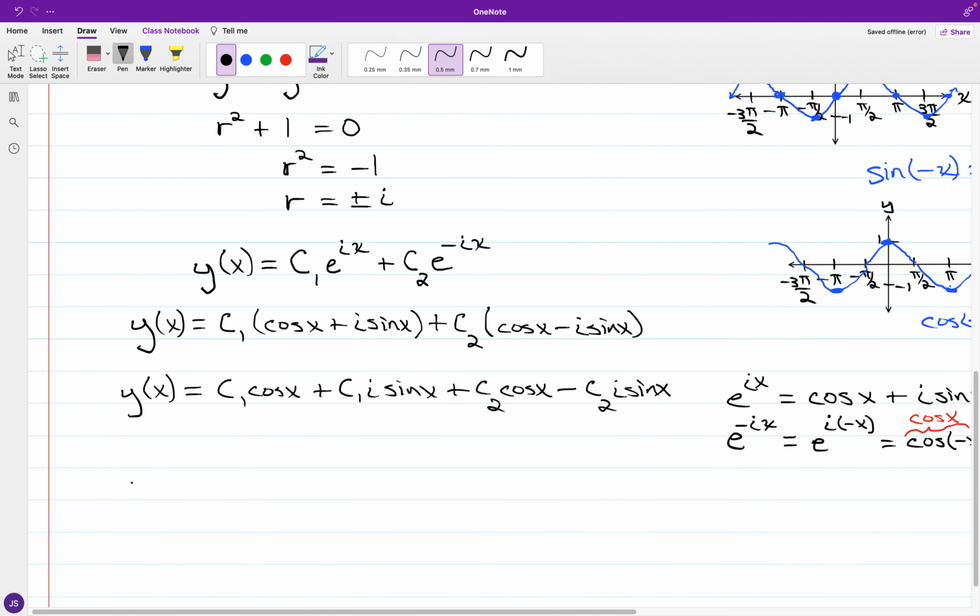And if I collect the cosine terms together, we have y of x.